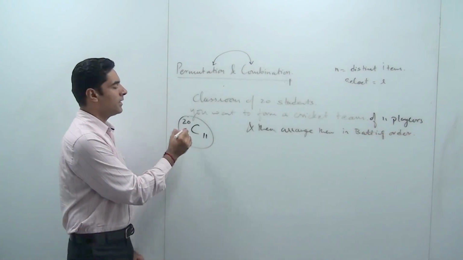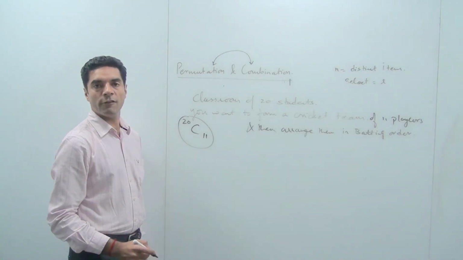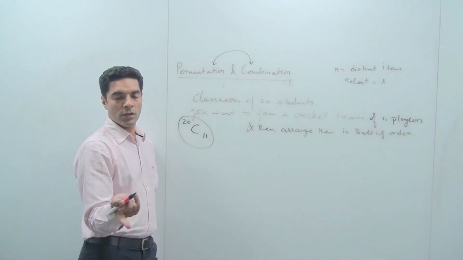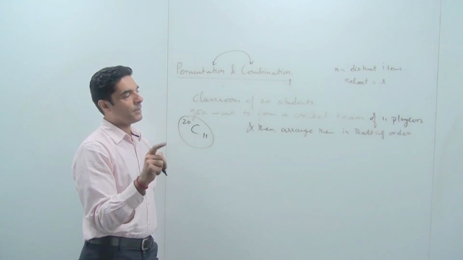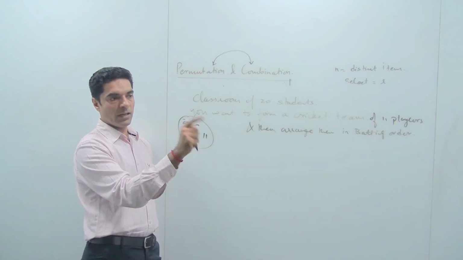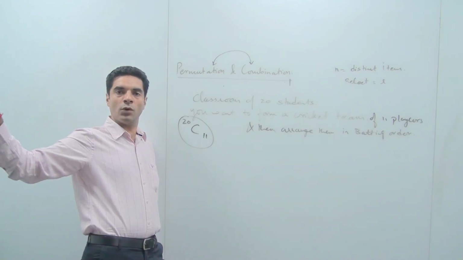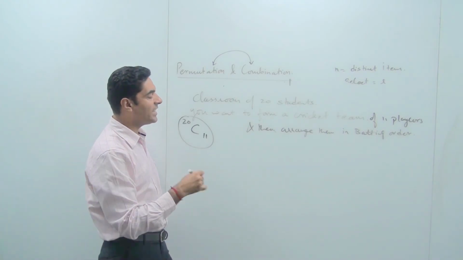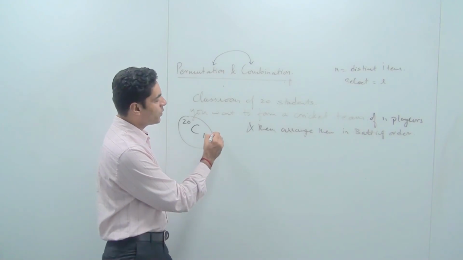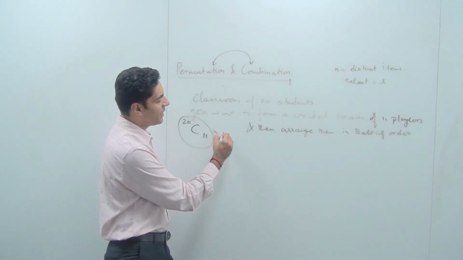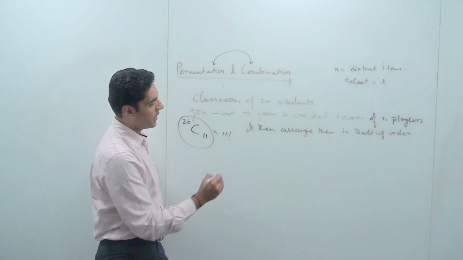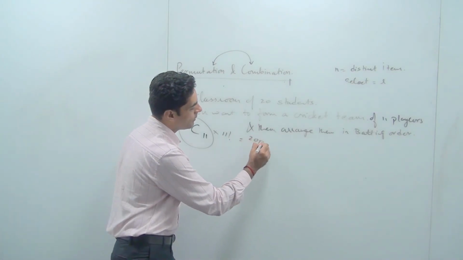So you can select 11 out of 20 in 20C11 ways. Now you have 11 players with you. Now you need to decide which player will go in first place, then second, then third, then fourth, and so on till 11th. So you want to arrange those 11 players, and arrangement of those 11 players in 11 positions will happen in 11 factorial ways. And this is also equal to 20P11.